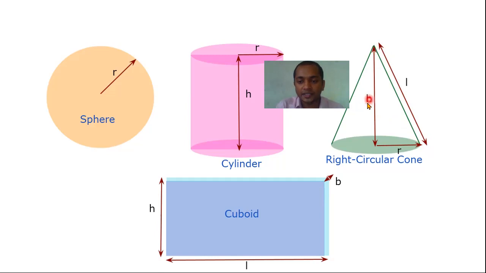This is the height. This is the slant height. So in the formula for finding the curved surface area of a cone, we use the formula pi r into L, not H. Pi r into L. So that is the formula for a right circular cone.